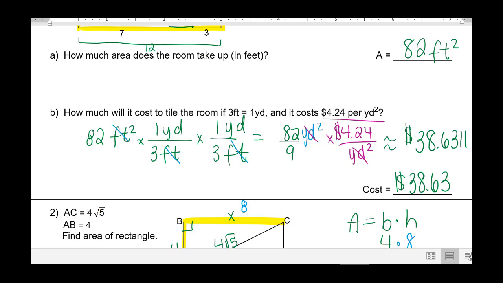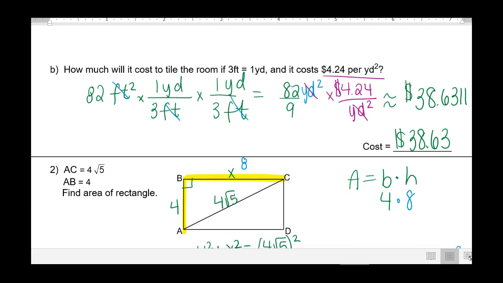And then we still have those yards squared in the numerator. So you'll take that 82 over 9, there's a decimal in there, but we want to keep it as that exact answer until the very end. And then we'll multiply it by the cost per yard squared, and we'll get $38.63 as that cost. And again, with money, we deal to the nearest hundredth, so we would round, in this case, just to 63.